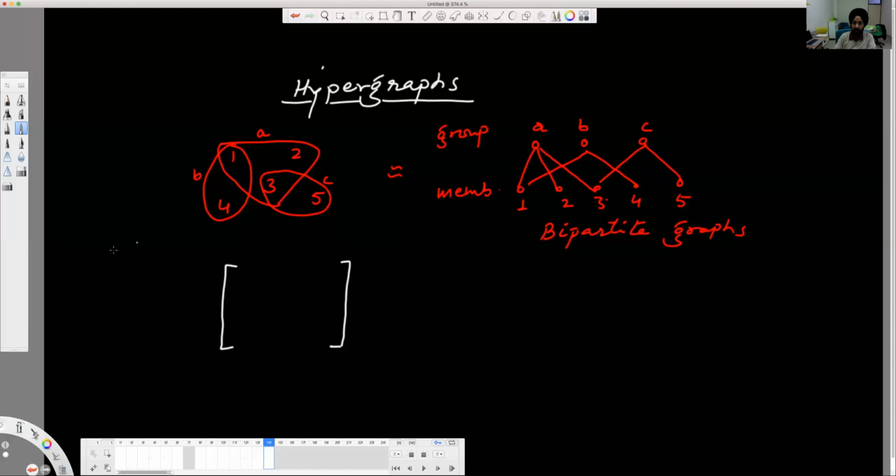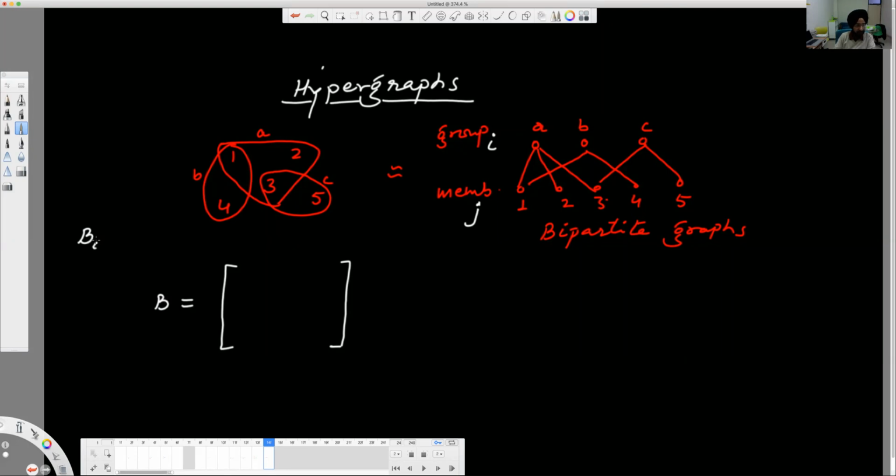So let's call the members J and group I. And then my matrix, I'll call this matrix B. It's called the incident matrix. And there's a reason we call it an incident matrix, and later on we'll see why. It will be in the flux balance analysis class later on, where I might elaborate this a little further.